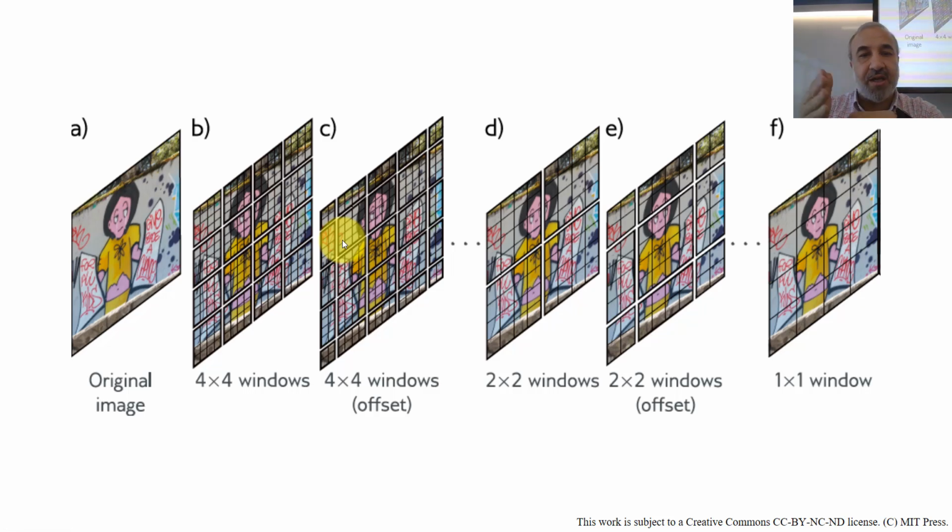So as we move forward, the windows will shift, and patches that were in different windows will now be in the same window, and we start to compute self-attention weights. Okay, so gradually you will see that self-attention weights will be computed among ever larger regions.